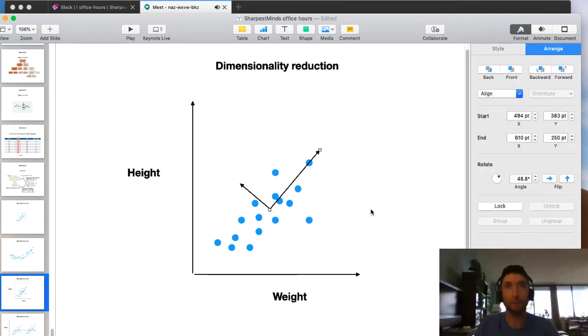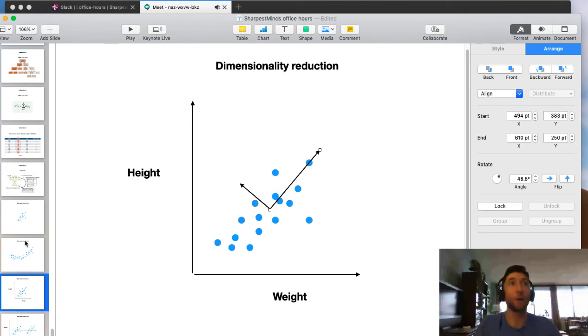So, for example, if my fingers in 3D happened to be arranged in a bowl shape, then this would fail miserably, right? I just wouldn't be able to capture that.